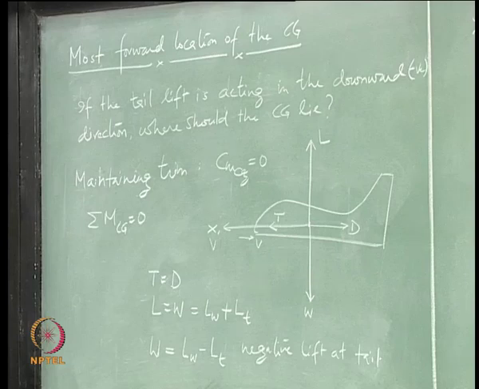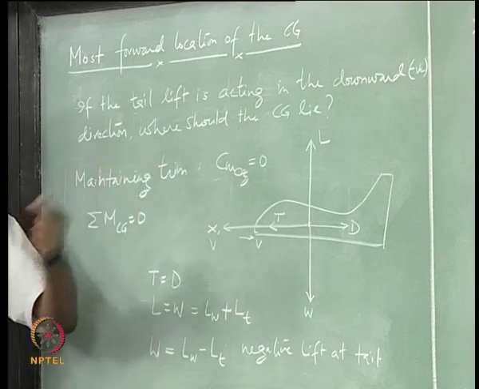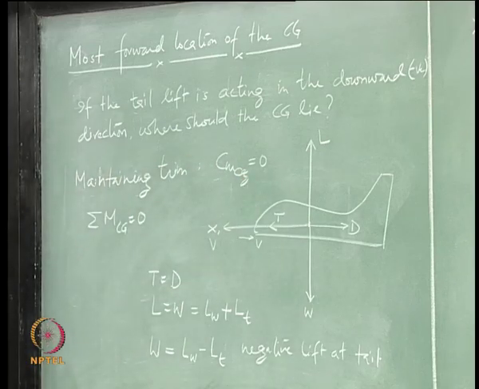Okay. So, with this, now go back to this equation. The question is, if the tail lift is acting in the downward or negative direction, where should the CG lie? Ahead of the aerodynamic center of the wing. Okay.